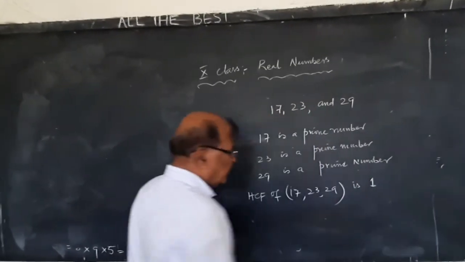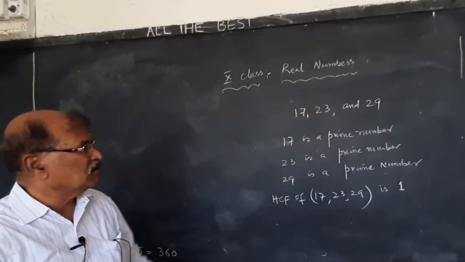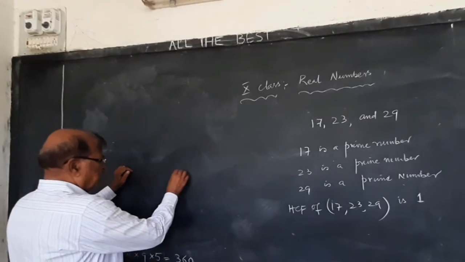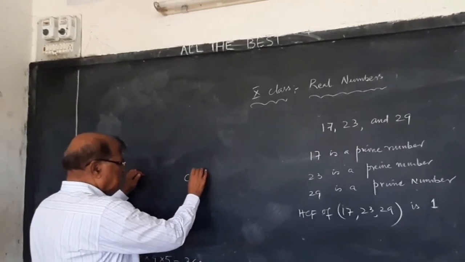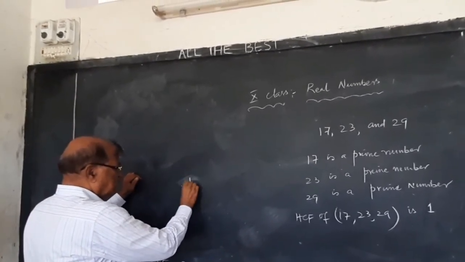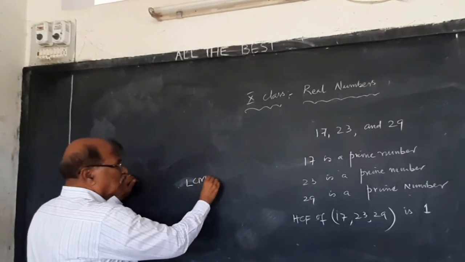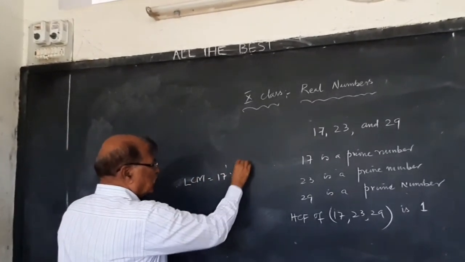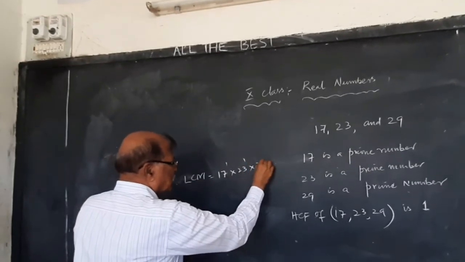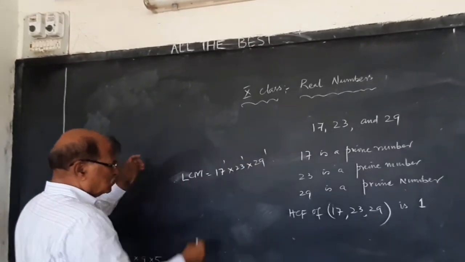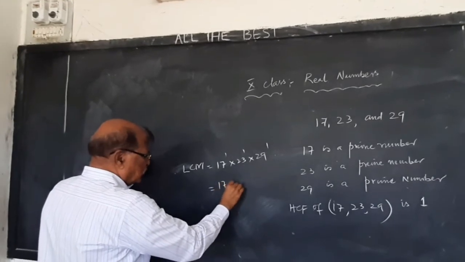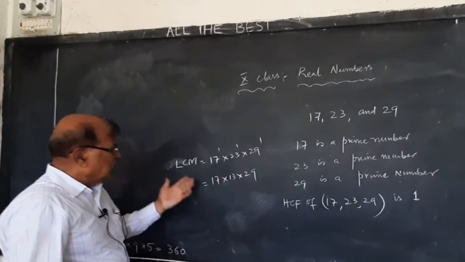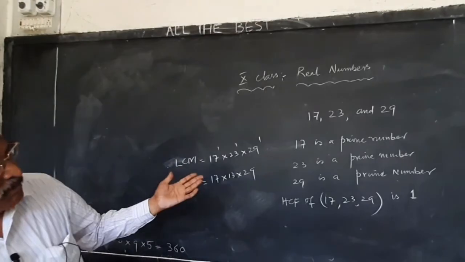They do not have any common factors other than 1. If you want to find the LCM, it is 17 power 1, 23 power 1, 29 power 1. So it is nothing but 17 into 23 into 29. If you multiply, you will get the LCM.